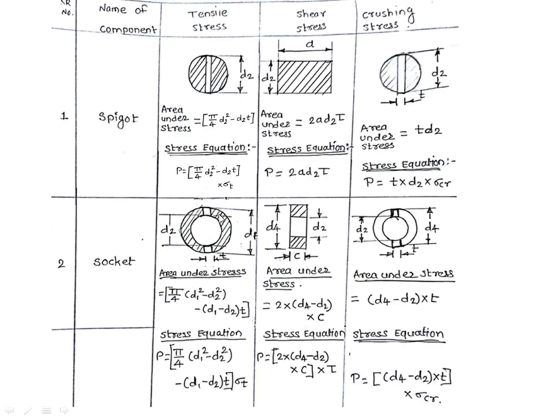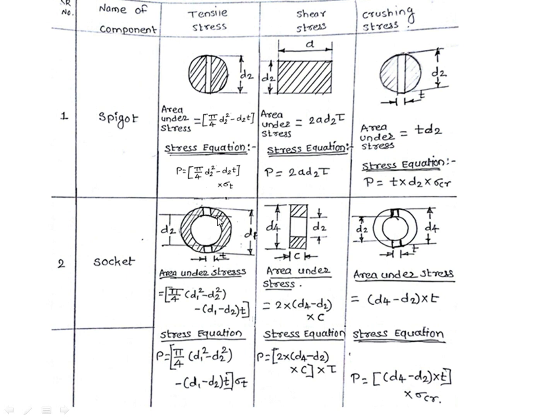To find out the strength equations for socket, we need to find the areas under stress. The diagram for areas under stress is given over here. Any stress is induced on the solid portion of the component. Therefore, we need to find the solid portion of the area. For tensile stress, the solid portion of the area will be the cross-sectional area of the ring minus the area of hollow portion, that is the slot provided for the cotter in the socket.